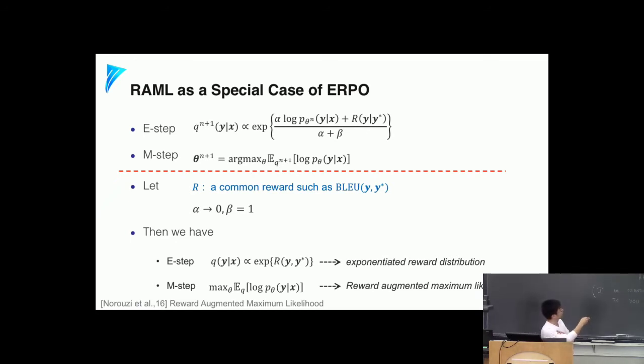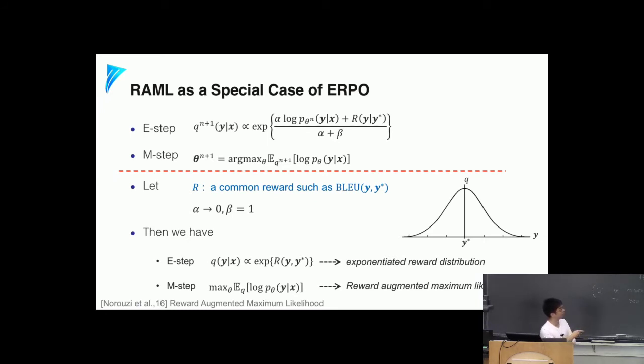Now Q is no longer a data distribution. Instead, it is a kind of exponentiated reward distribution. This distribution is something like this. If y equals the ground truth, then you get a very high reward. But this also assigns some probability mass to other sequences surrounding the ground truth.